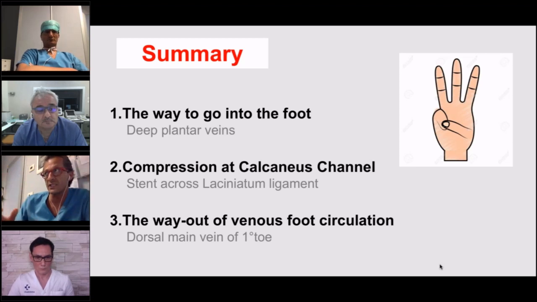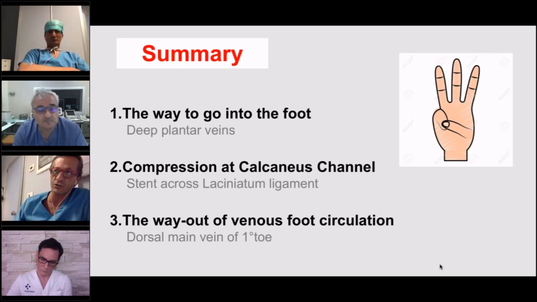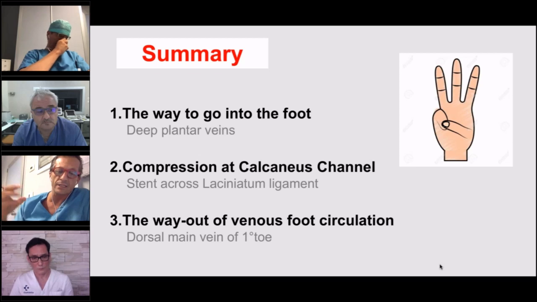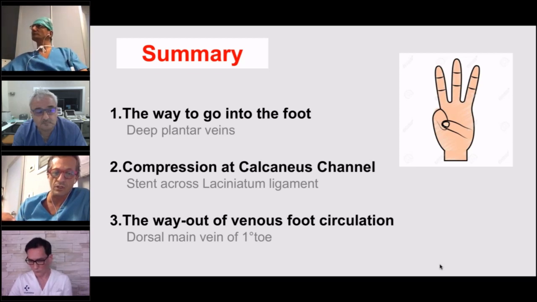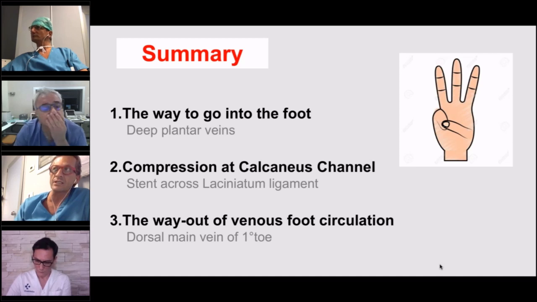In conclusion of this anatomical presentation, to recap, there are 3 mandatory things to keep in mind. The first one is that usually the way to obtain the flow into the foot in many patients is the posterior way through the deep plantar system.